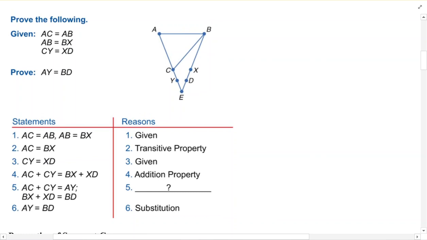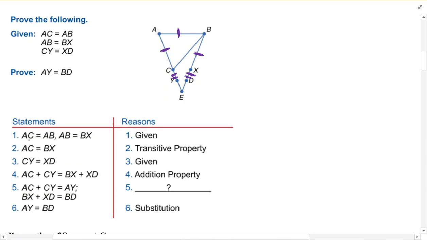Okay, so this next proof gives us the given that AC is equal to the measurement AB, and that AB is equal to the measurement BX, and that CY is equal to XD. So reading through this proof, we use the first two givens, AC equals AB and AB equals BX.